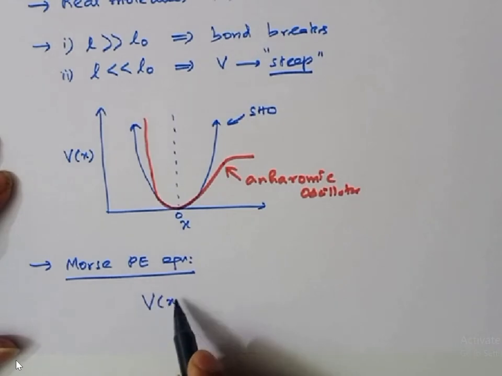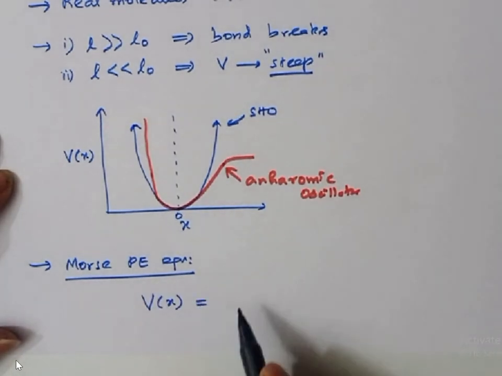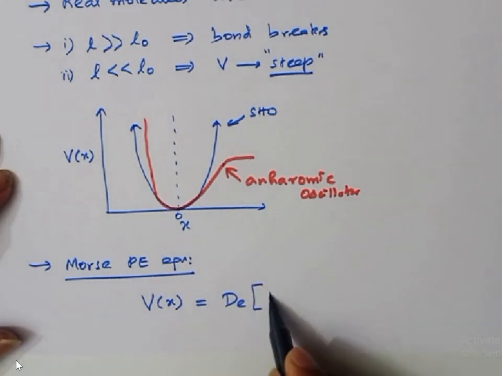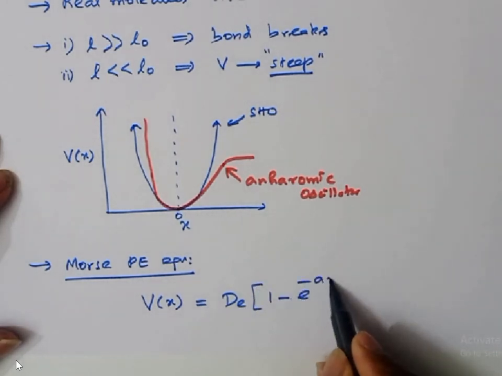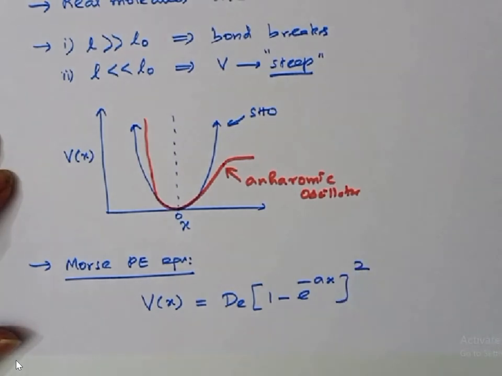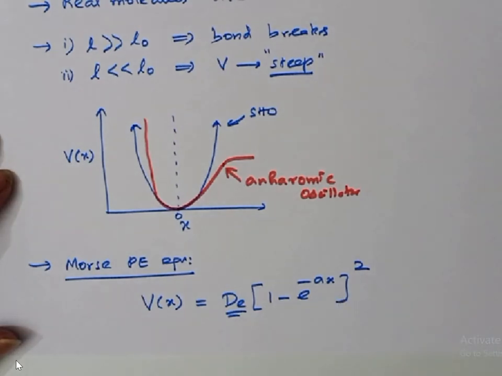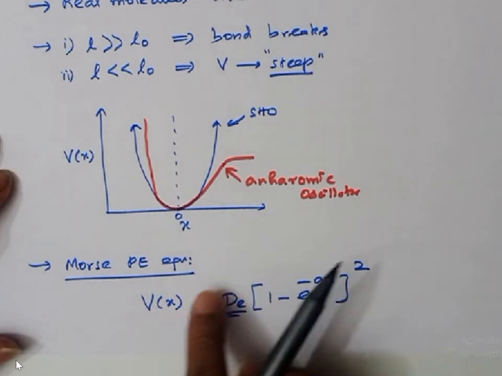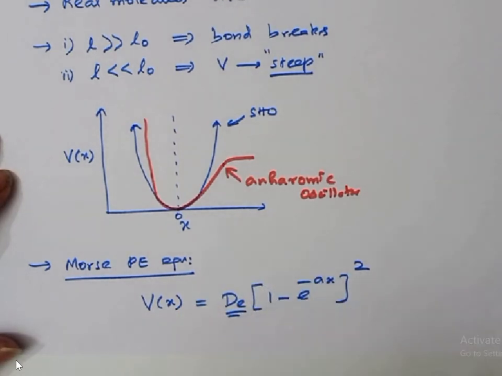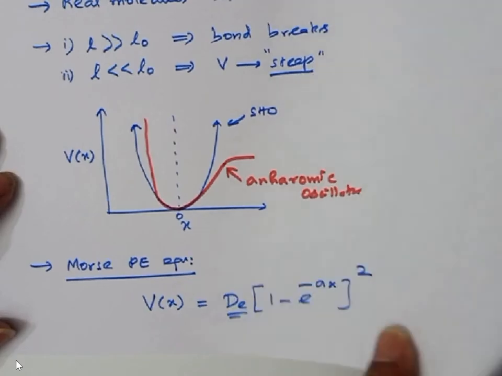Potential energy in one dimension is equal to equilibrium dissociation energy times (1 minus e power minus ax) the whole square. Okay, D_E is the equilibrium dissociation energy of the molecule in joules. A is the molecular parameter, or a constant for a given molecule. X is the displacement.